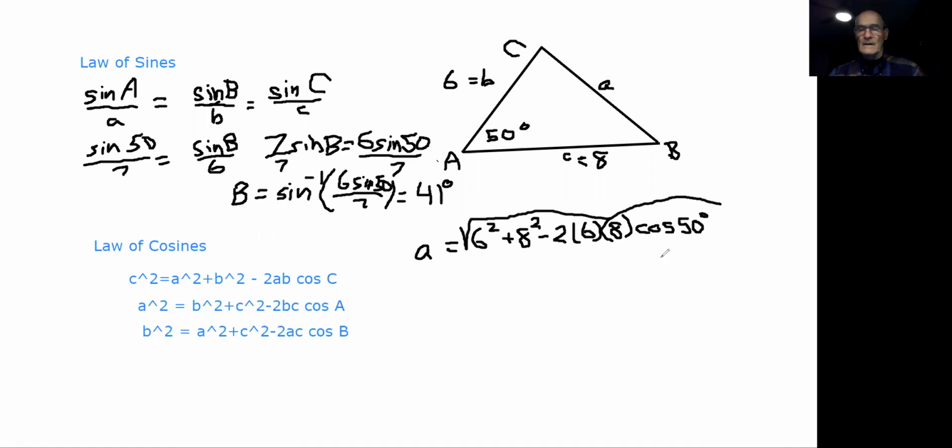Then we put this in our calculator: the square root of 6 squared, which is 36, plus 8 squared, which is 64, minus 6 times 8 is 48, times 2 is 96, so minus 96 times the cosine of 50 degrees.